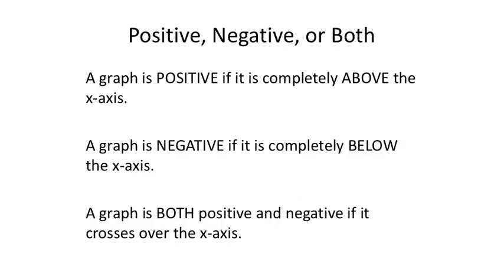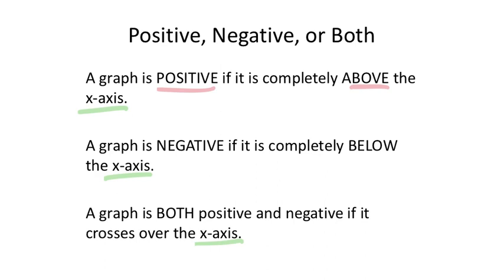All right then, positive, negative, or both. So a graph is positive if it is completely above the x-axis. All of these are going to refer to the x-axis. You're just looking, and you're not calculating anything. If the graph is completely above the x-axis, then it is positive.